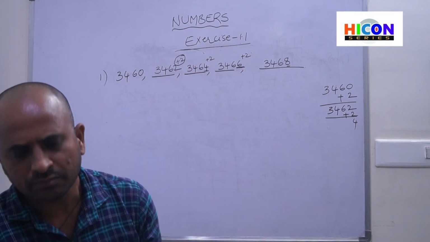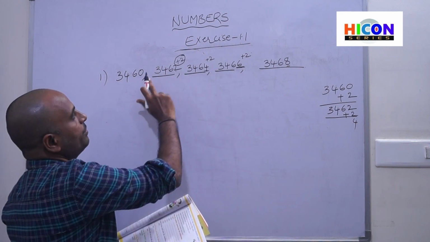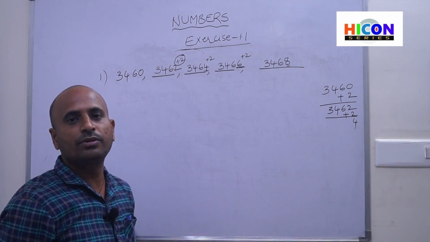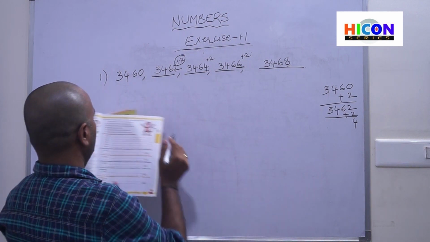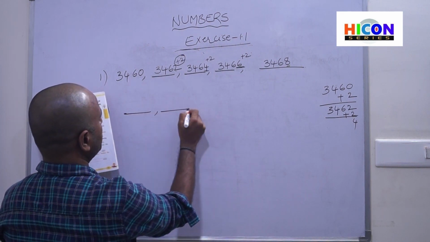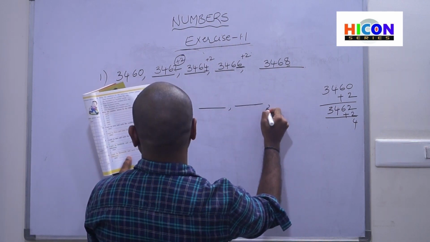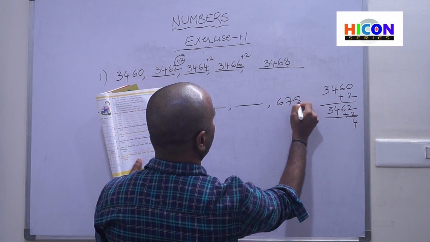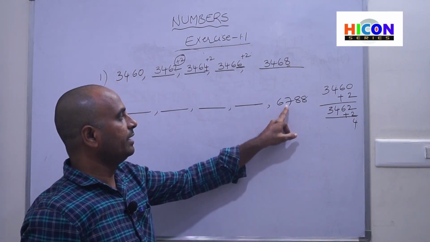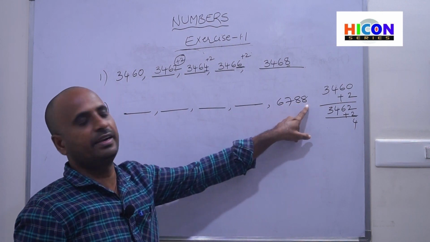Next, how to write the before numbers. For after numbers you have to add, for before numbers you have to subtract. So the second problem is, dash, dash, dash, and dash, 6788. Here you have to write the before number of 6788.